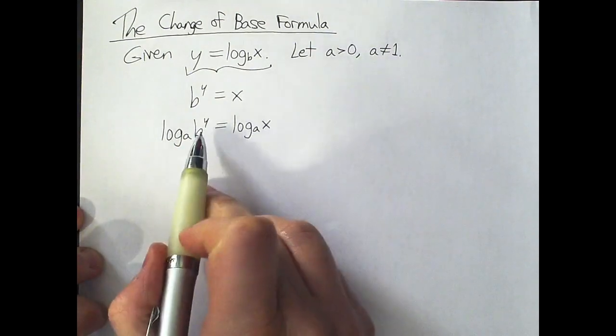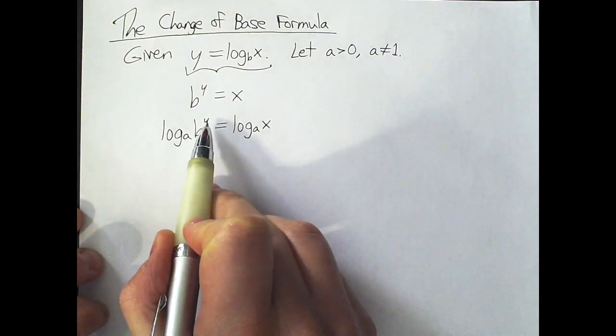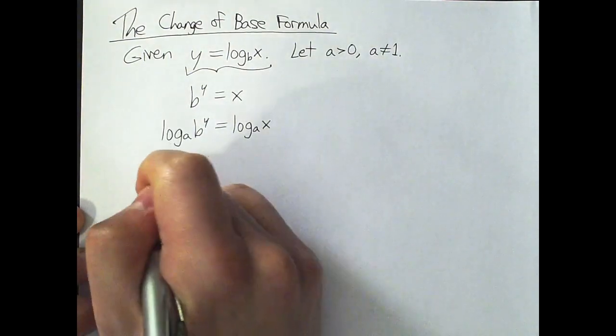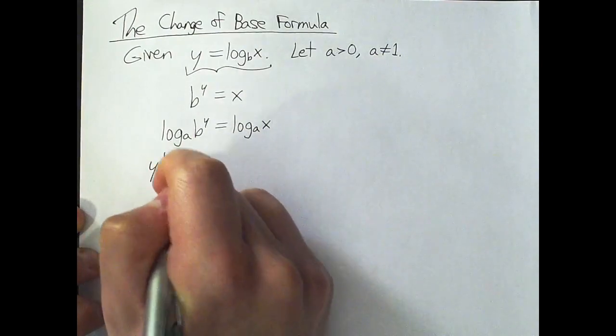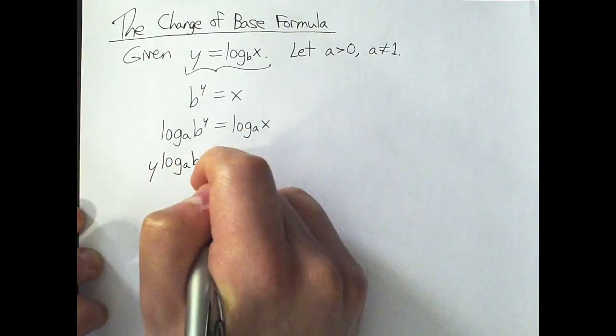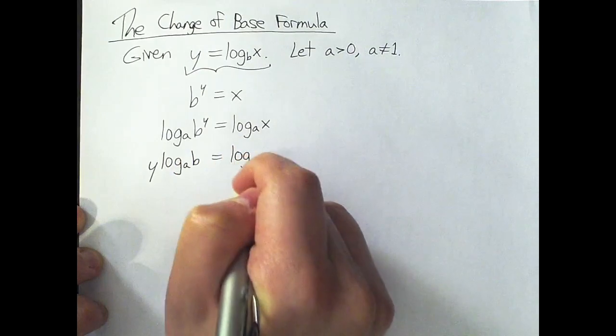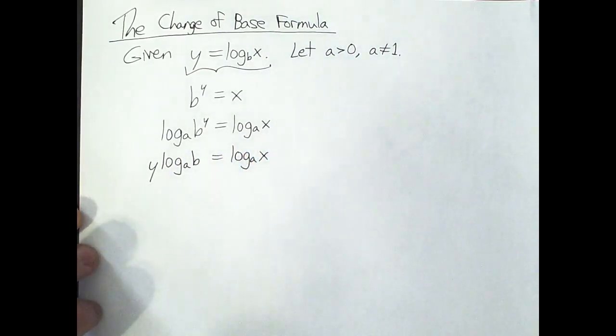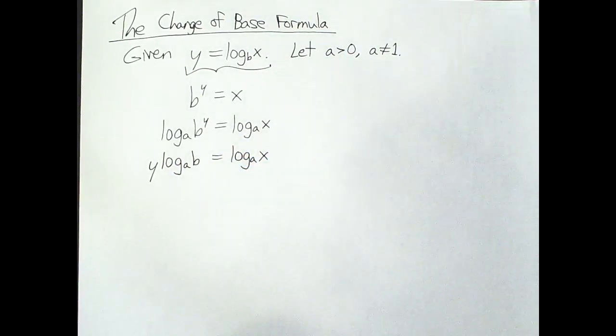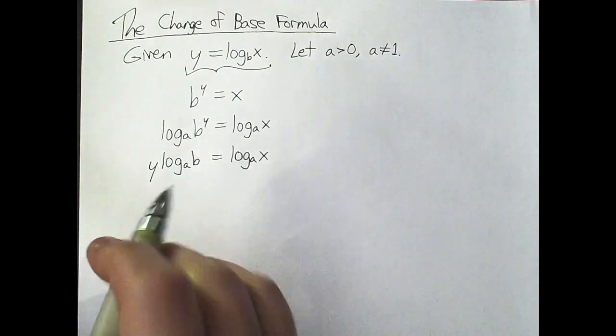All right. I'm going to apply law 3 that says the y can get pulled out like this. Okay, how does that look? Next, I'm going to solve for y.